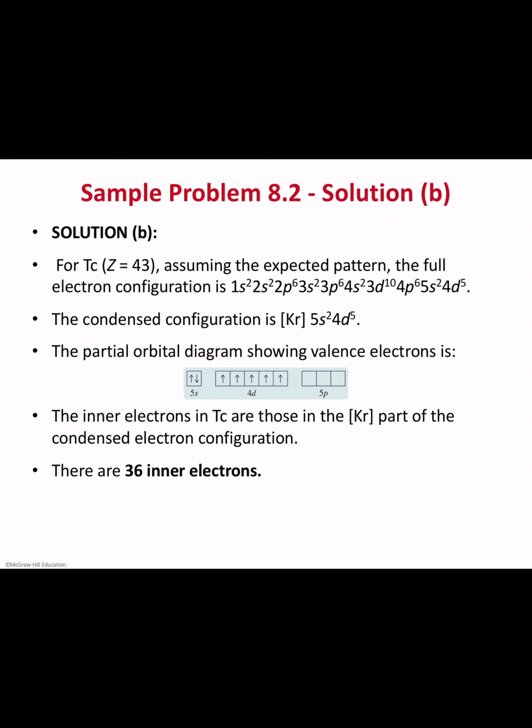So for technetium, you will first do the 1s2 and then the 2s2, 2p6, 3s2 and then goes to the 3p6. Follow the order in the previous slide, and then goes to the 4s2, and after 4s2 comes 3d10, and then after 3d10 we have 4p6, 5s2, 4d5. Okay, so that is 43.